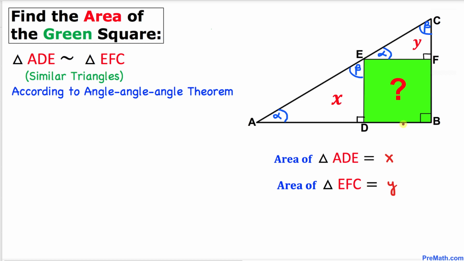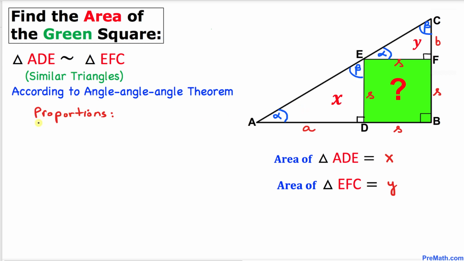And now let me call the sides of this green square lowercase s, since a square has all equal sides, so each length is going to be s. Let me call this AD length lowercase a, and this CF length b. Then we get these proportions, which means we are going to equate these ratios.